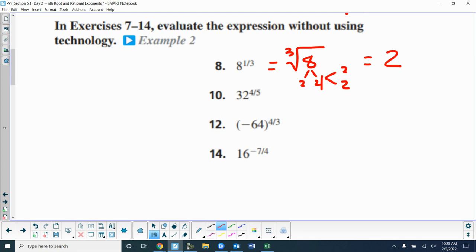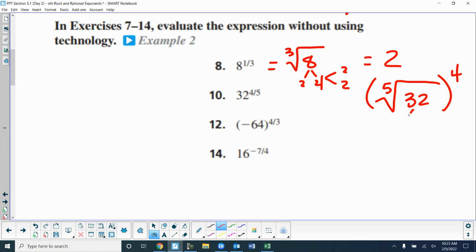This one, the denominator was the root, right? And then the numerator was the exponent, right? So that's how we wrote those, how we thought about them. Makes sense? The denominator is the root, the numerator is the exponent.